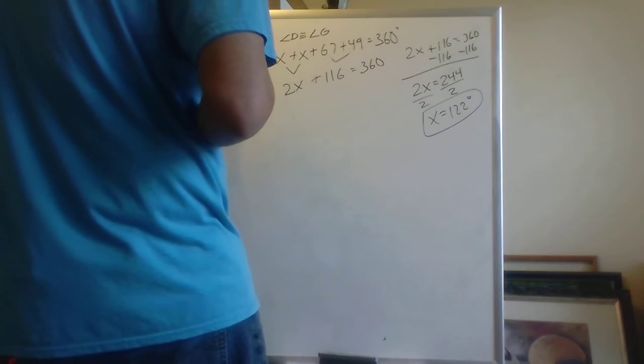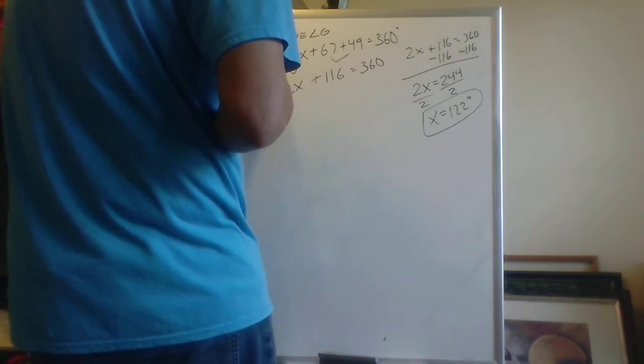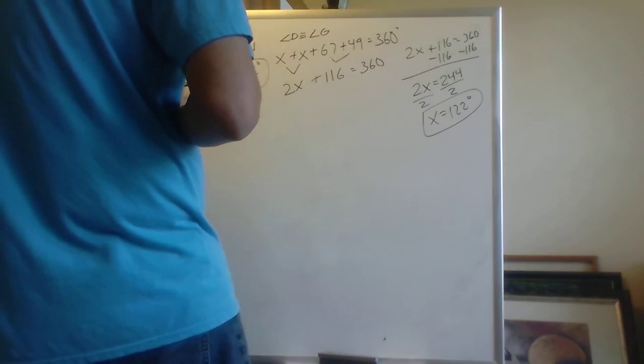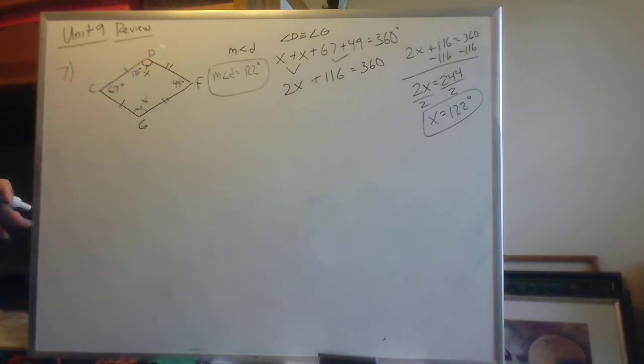So the measurement of angle D is 122 degrees, and the measurement of angle G is 122 degrees. When we add them all up together, you can verify your answer because it's going to add up to 360. All right, so that is problem number 7.